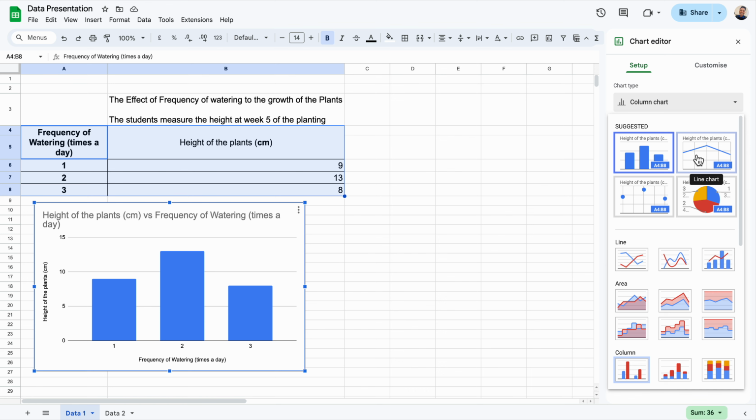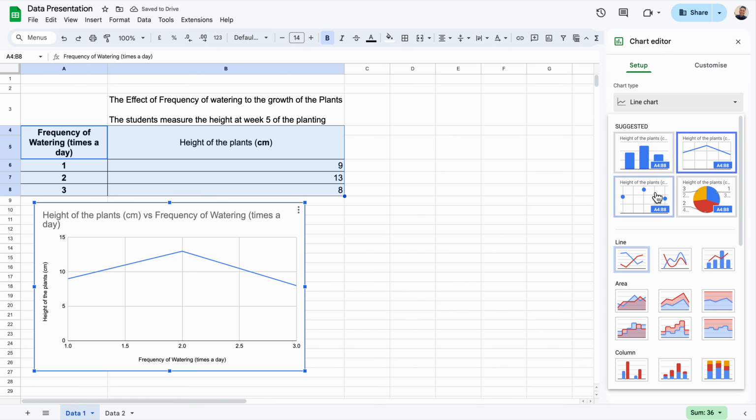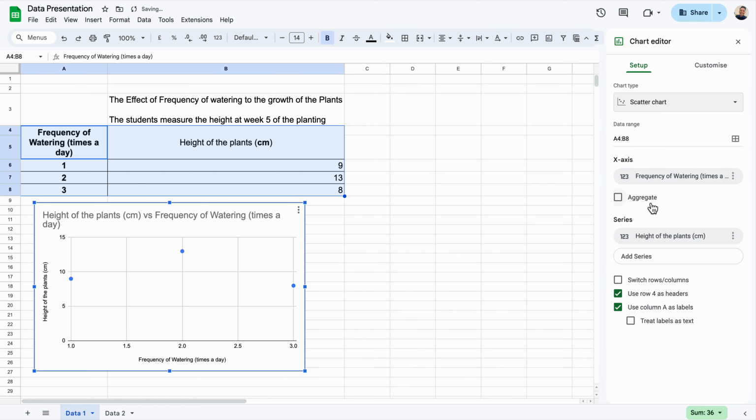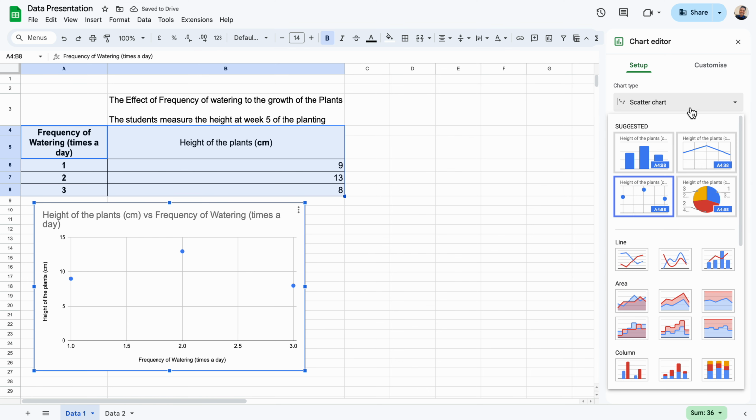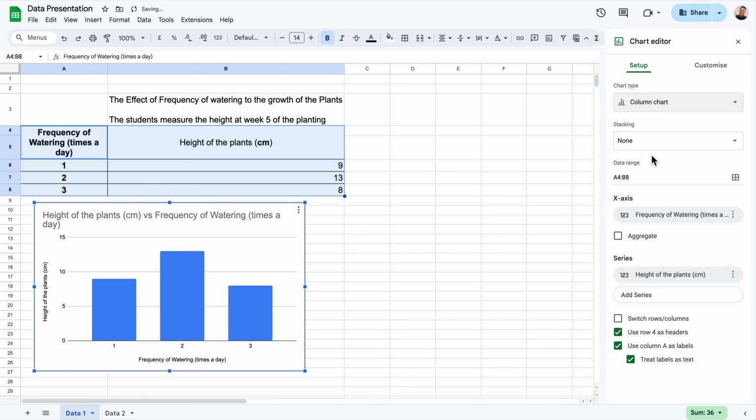There is also a line chart, a scatter chart, and a pie chart. How do you choose which one is correct? There are four possibilities, at least in this case. The correct one for this is the column chart or bar graph.